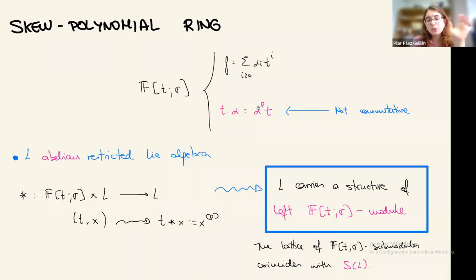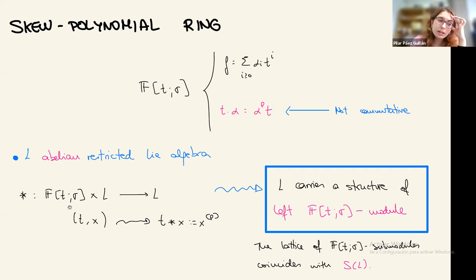Okay, so why are we willing to consider this ring? Well, if I have a restricted Lie algebra which is abelian, I just have to care about the product by scalars, the sum, and the p-map, as the bracket vanishes.